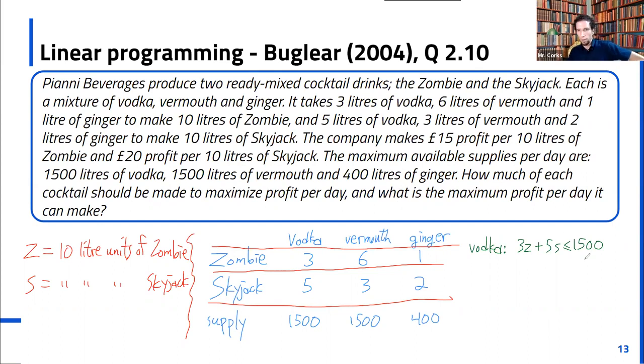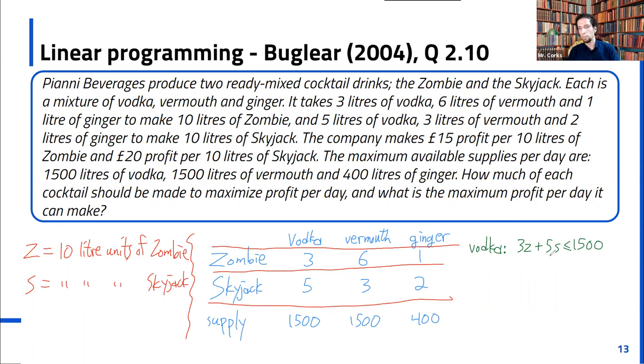So it's 1,500 liters. And based on that, these two different mixed drinks that the company is making, that's how we are using up that supply. One unit of Z takes 3 liters, so each time we make a Z, we need 3 liters of vodka.